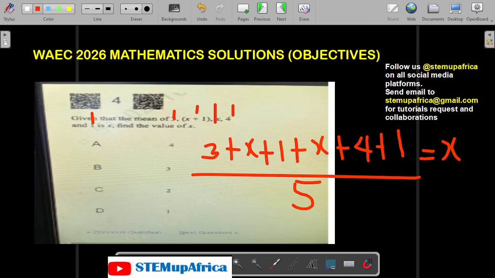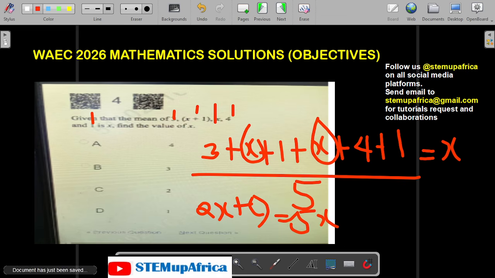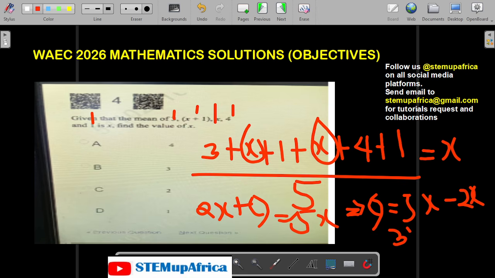So if I add the 2x together, that will give me 2x, and the numbers 3 plus 1, 4, 4 plus 4, that's 4 plus 5, that is 9, equals 5x. If I cross multiply, I'll collect like terms from here. This implies 9 equals 5x minus 2x. So 3x will give us 9. So our x is 3.